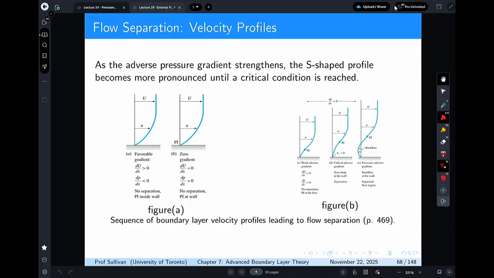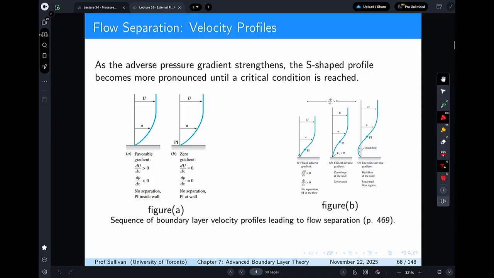On the other hand, in the right-hand set of figures, you have 3 different types of cases, and the first one is the weak, so PI is point of inflection. du/dx is less than 0, and dP/dx is greater than 0.